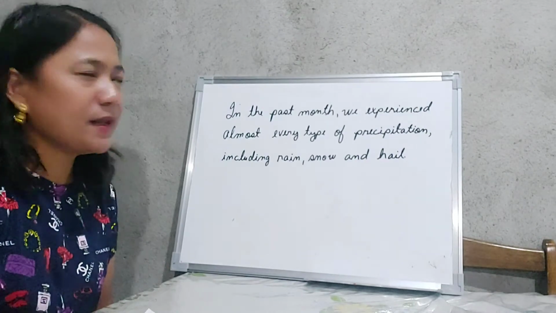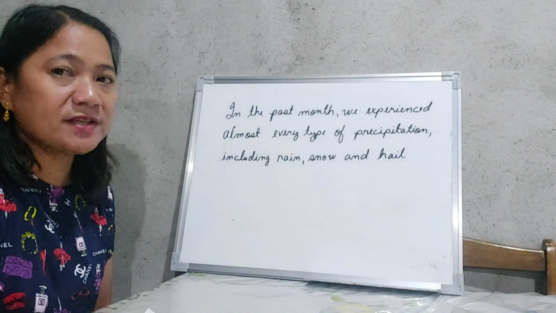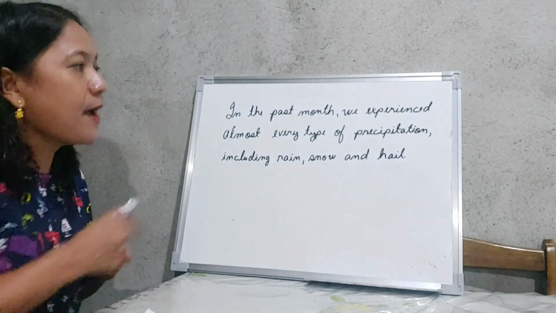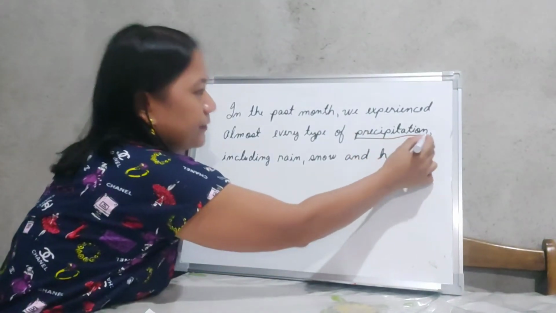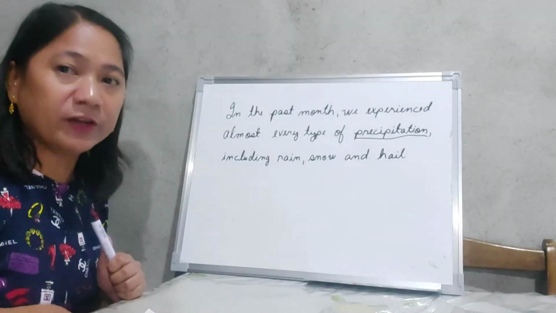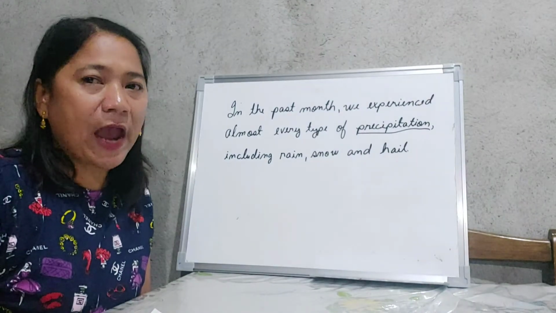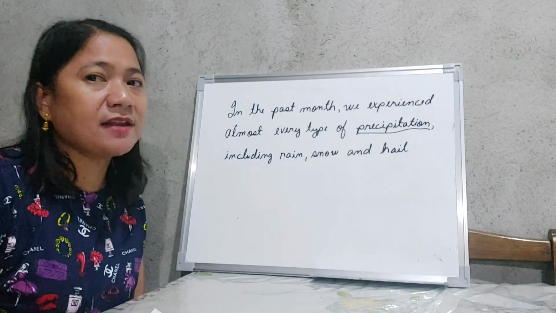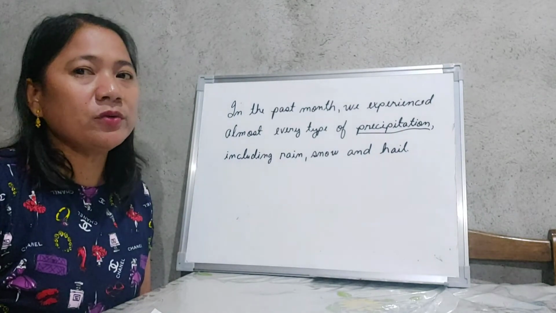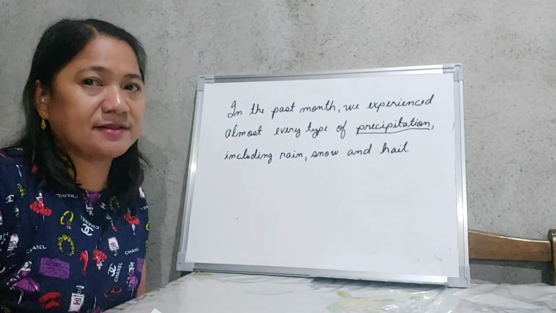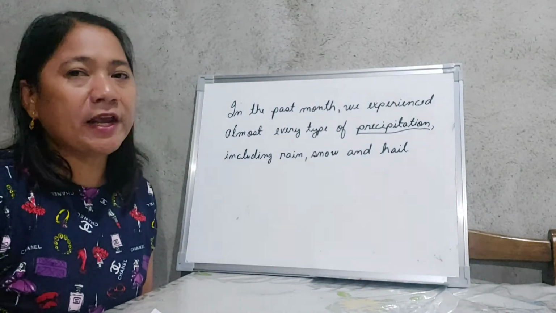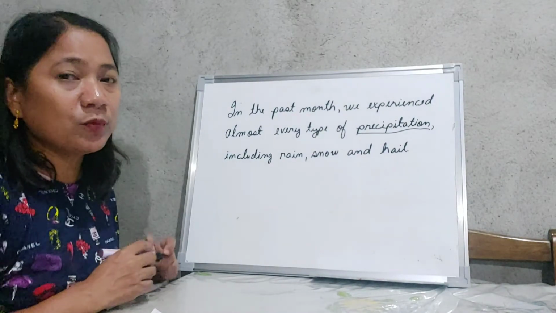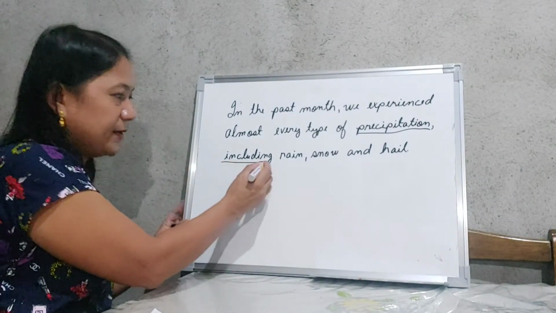So, what is the unfamiliar word in this sentence? If your answer is precipitation, then you are correct. How can we identify the meaning of the word precipitation in this sentence? The first thing that you are going to do is to analyze the sentence and look for a signal word. In this sentence, the signal word is including.